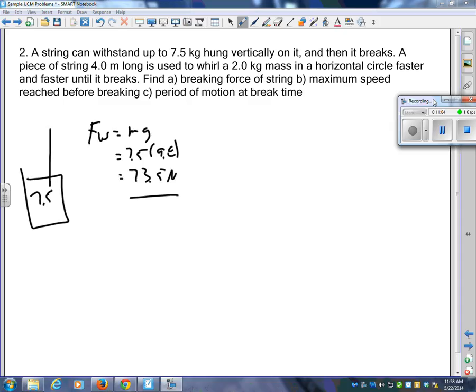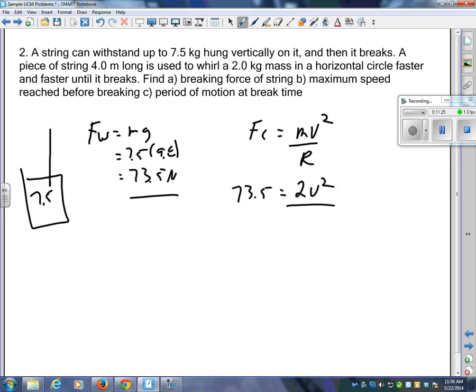When it breaks, it has a centripetal force of 73.5. So what is the v squared just prior to that moment? This is where I put my 73.5 in. The mass, now which mass do I use? 2. The 7.5 is just for the breaking force, right? So it's just 2 v squared, and the radius here is 4. Good.